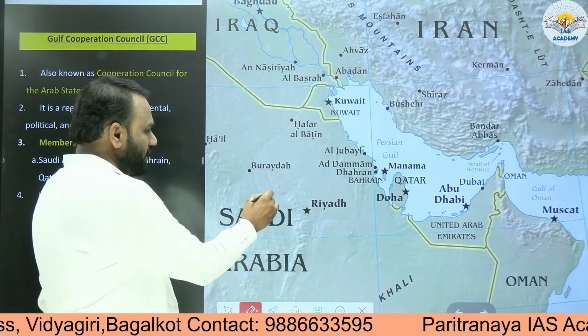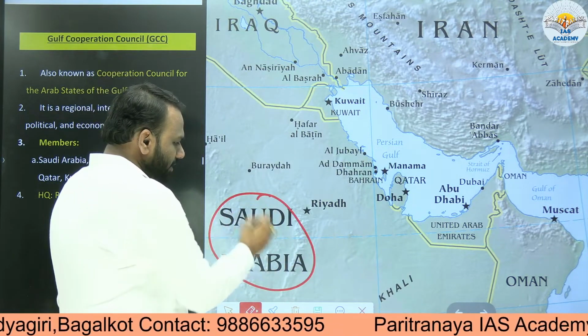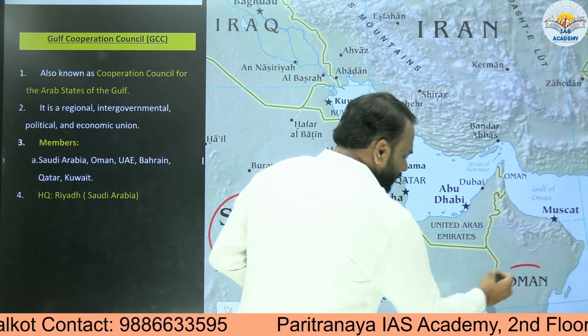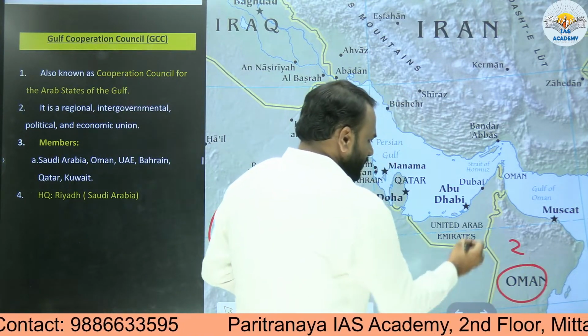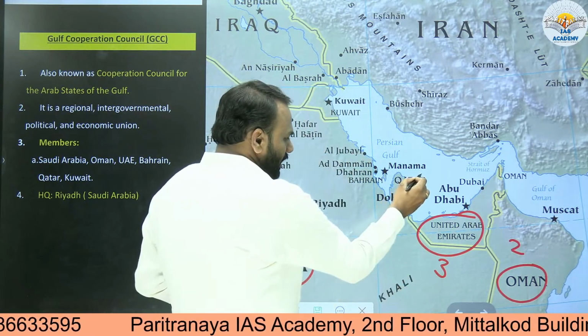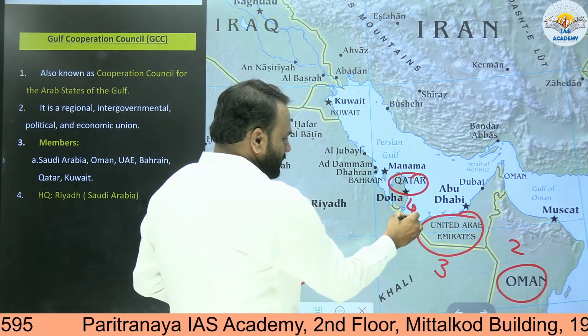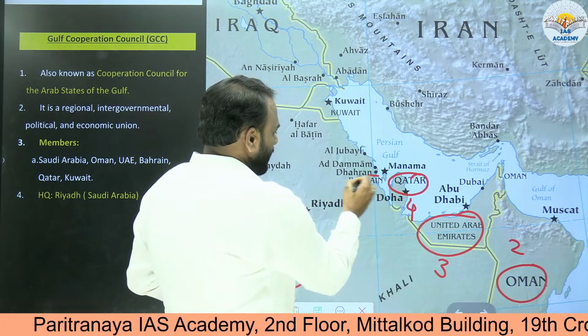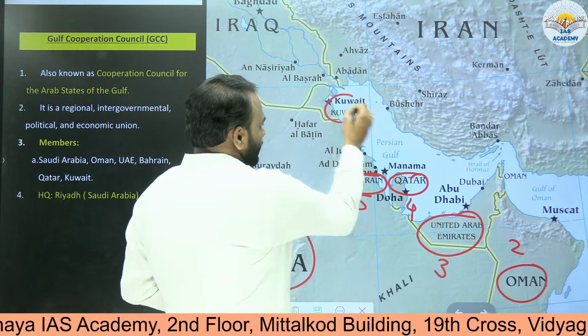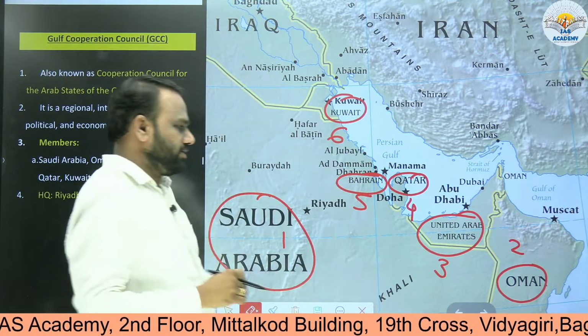Here, Saudi Arabia is part of the Gulf Cooperation Council. Similarly, Oman is part of it. United Arab Emirates is part of it. Qatar is part of it. Bahrain is part of it, and Kuwait is part of it.